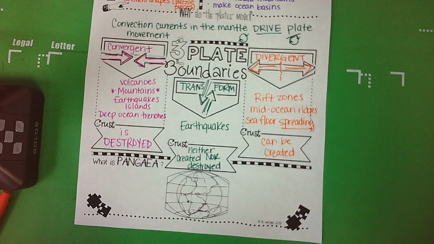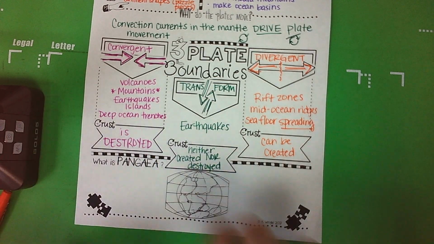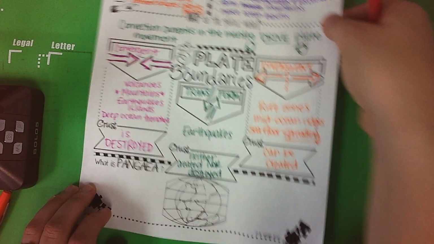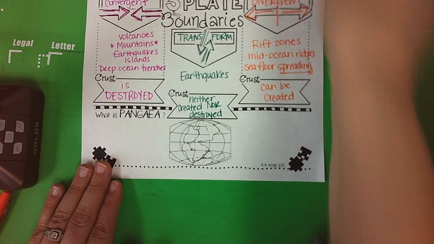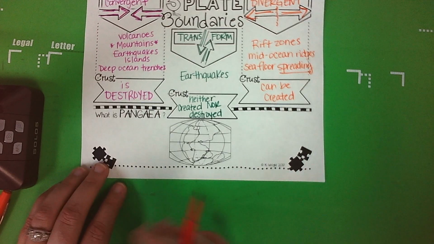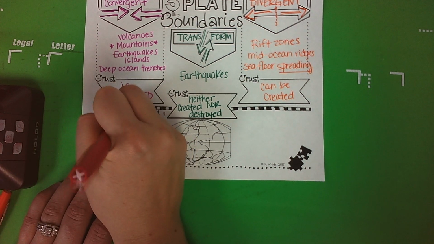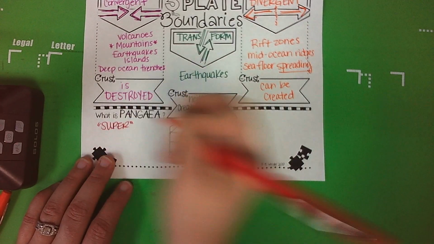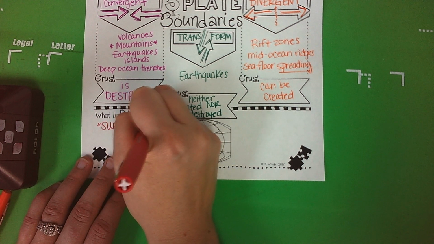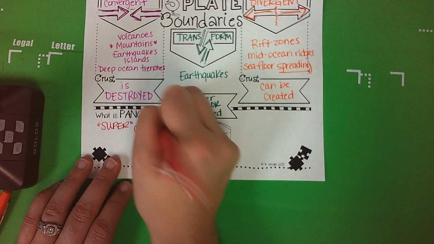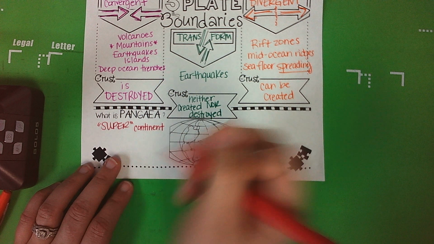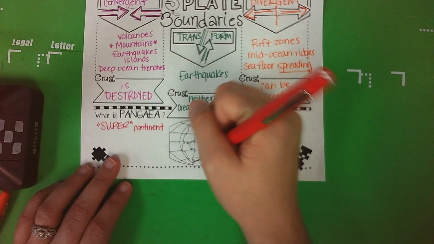Okay? Now, let's talk a little bit more about Pangea. Alright, so what is Pangea? Alright, it is our supercontinent. Not because it's super great, but because it just ends up being one big continent.